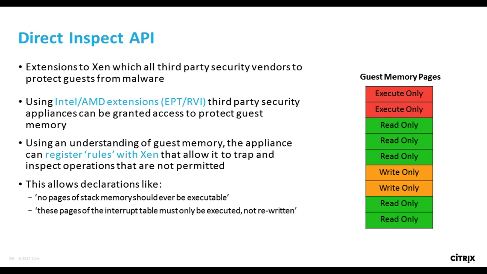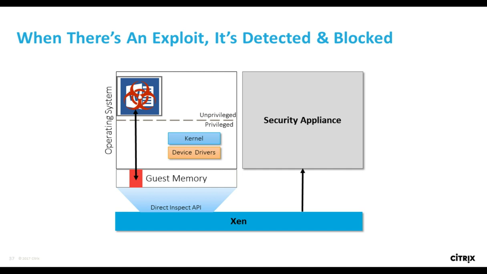All this relies upon the quote-unquote magic provided by the security vendor in mapping how the physical memory maps into the structures and contents of the virtual machine, and that's all enabled by the HVI. If we look at an example, when there's an exploit, it's going to be detected and blocked. So consider the operating system having an unprivileged and a privileged memory space. You'll have a kernel and a device driver sitting in the privileged space. Underneath that, you'll have guest memory, and the Direct Inspect API engine will be enabled by Xen.